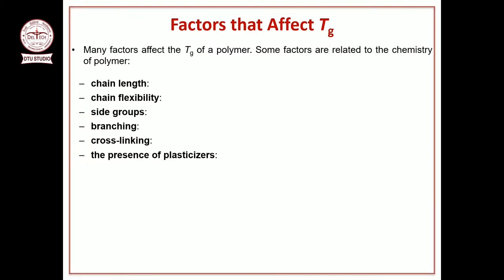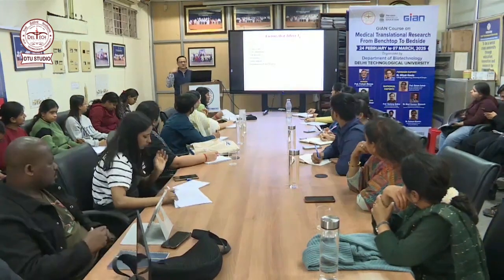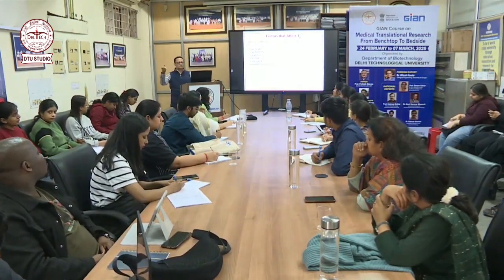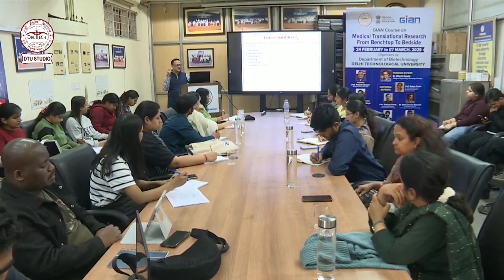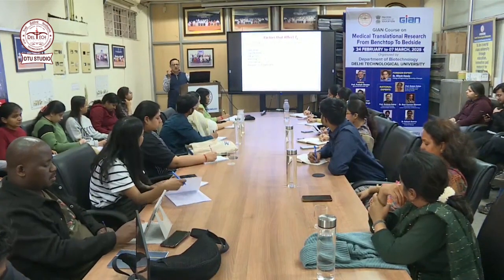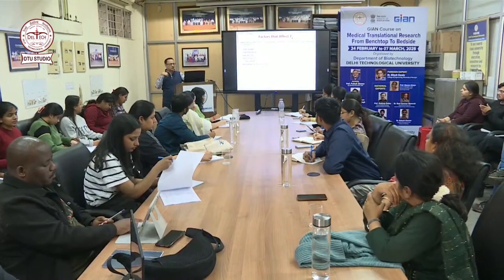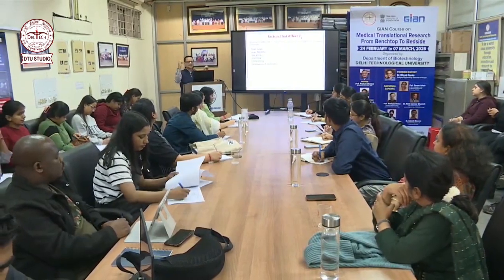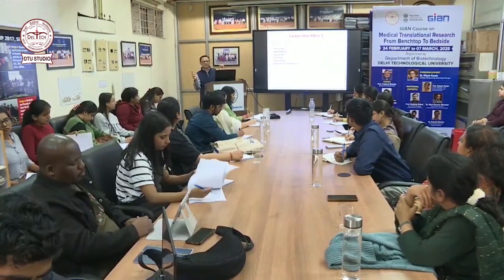If the chain becomes more flexible, will Tg go up or down? If there are more side groups, will Tg go up or down? If you have branching or cross-linking, will Tg be higher or lower? So I have a polymer, I add some branches to it, now the new Tg will be more or less than the previous Tg.